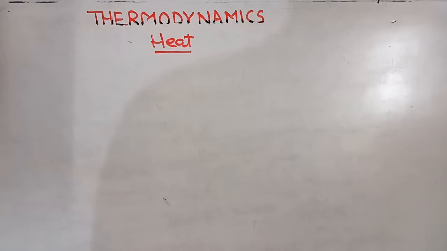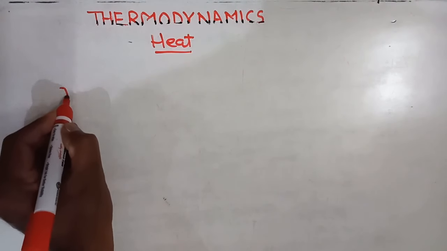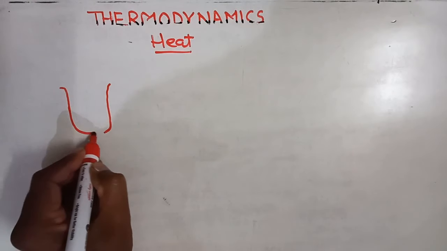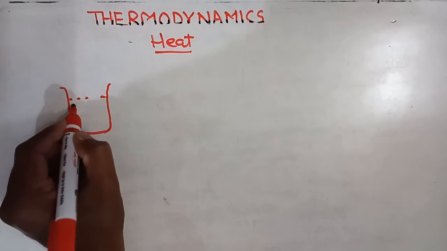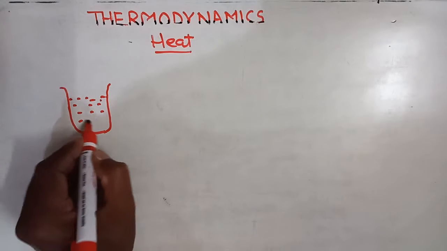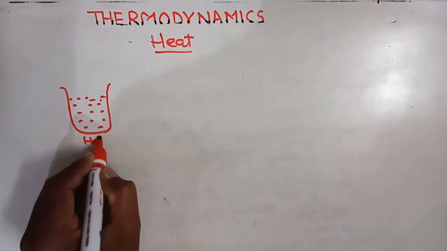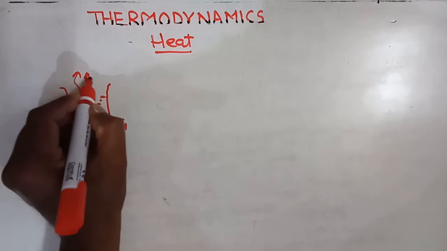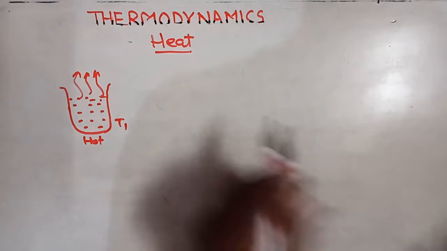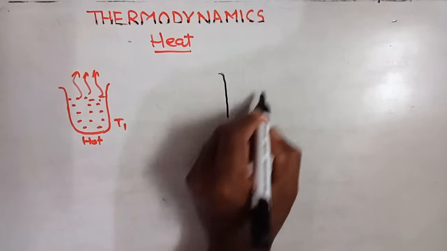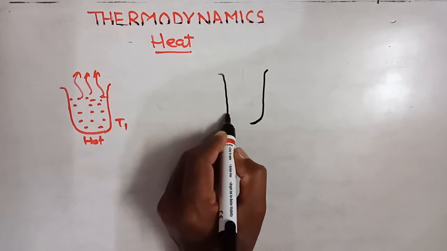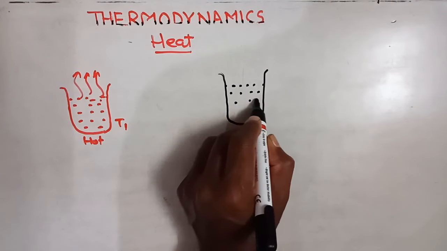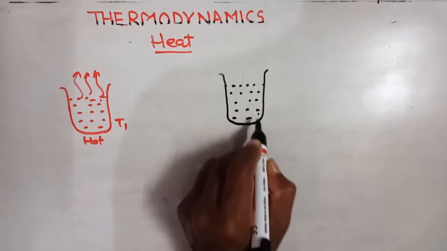For that, let us consider a very simple system of a glass which is filled with water. Suppose this is the glass and this glass is filled with hot water having temperature T1, and I have another glass which is again filled with water, but this time instead of hot water we have cold water in it.